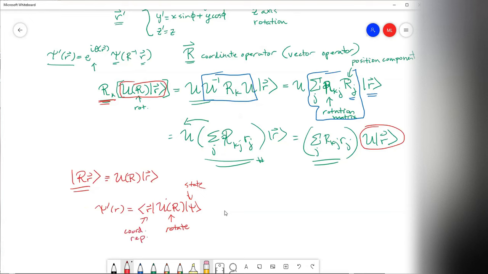And so we can act with the U on the left, and that gives us a U dagger acting on R. So this is the same as the inverse rotation operating on R, acting on the state. And so this is the original wave function with the inverted rotation acting on the coordinate. So hopefully now it all comes together. You see how it all fits.